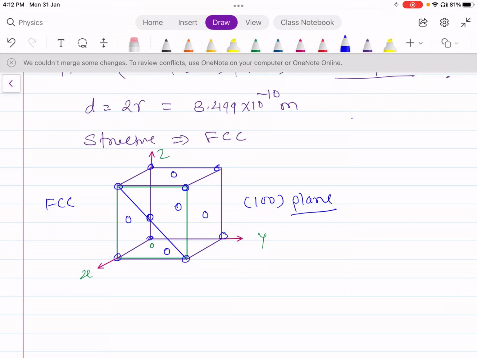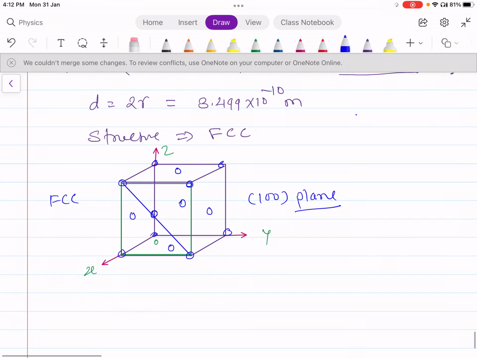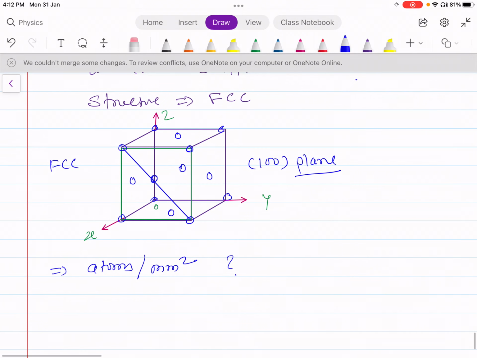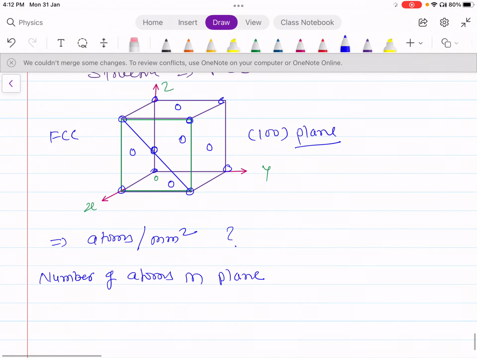And first, what we have to find is atoms per square millimeter. To find this, first what we have to find is the number of atoms in plane. Now as you can see in this plane, there are four atoms at the four corners.